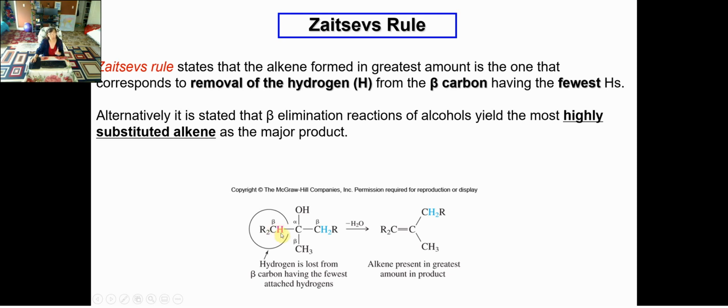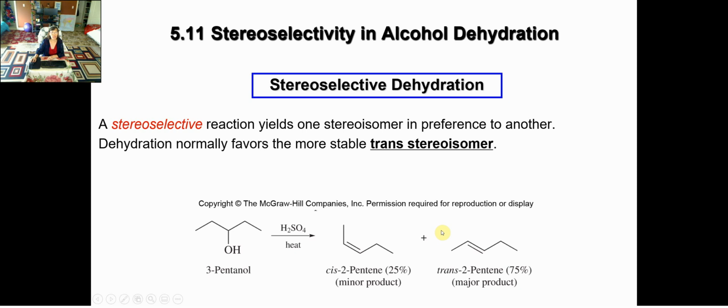The one with the fewer hydrogens, this beta carbon 3, will be involved in the reaction. Therefore, the double bond will be formed between the alpha and beta 3. So you form 1 substituent, 2 substituents, 3 and 4. You form a 4-substituted alkene. The more substituents you have, the more product yield this one will have. So that's about your selectivity.